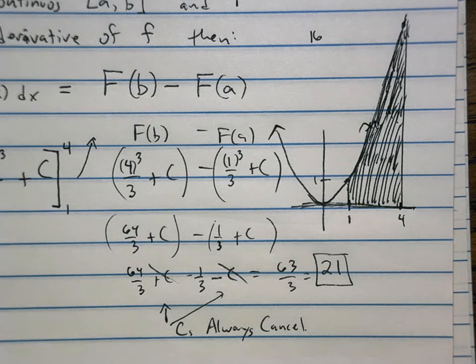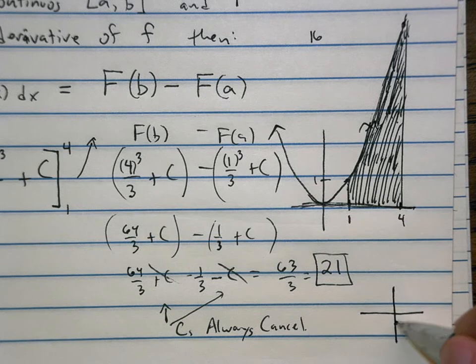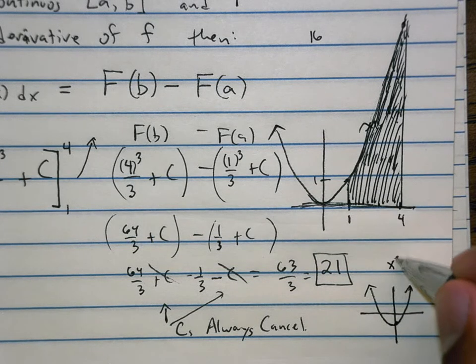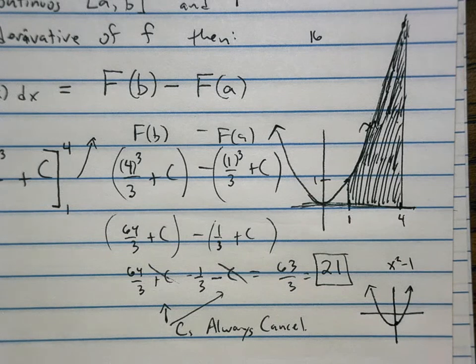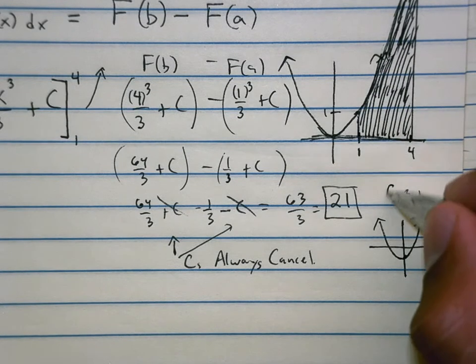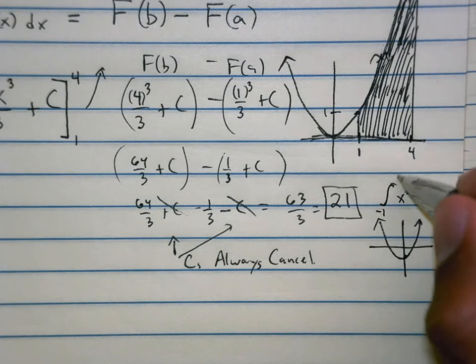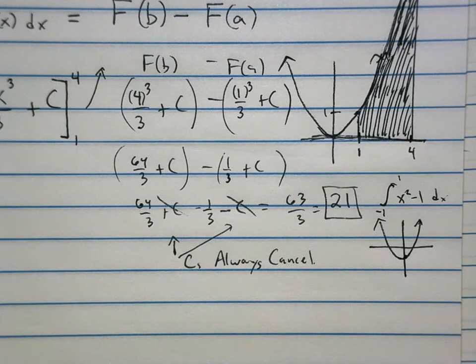So, for example, if I had a picture, same graph, let's do x squared minus 1. And if I was integrating x squared minus 1 with respect to x from -1 to +1, visually, what would that look like?